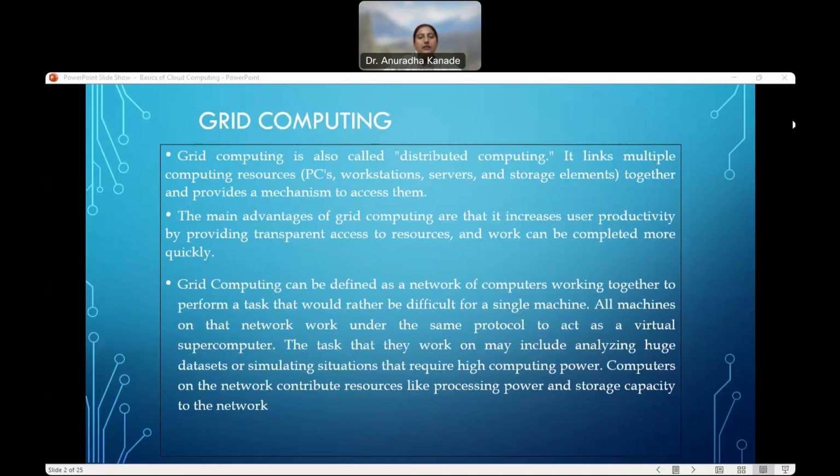These tasks are very difficult if we are performing them through a single machine. So all the machines on the network work under the same protocol to act as a virtual supercomputer. The tasks they work on may include analyzing huge data sets, simulating situations, or some other complex work which requires high computing power.